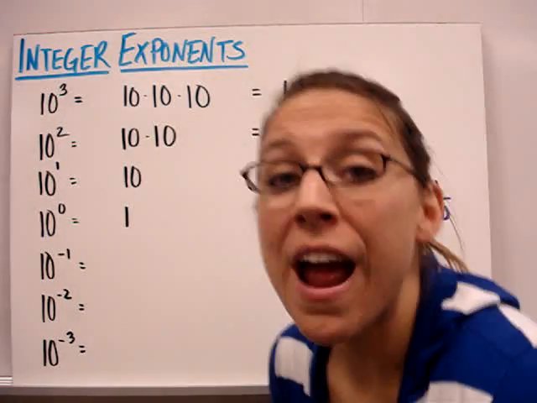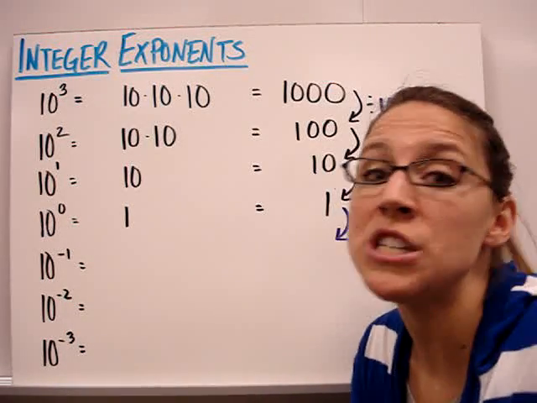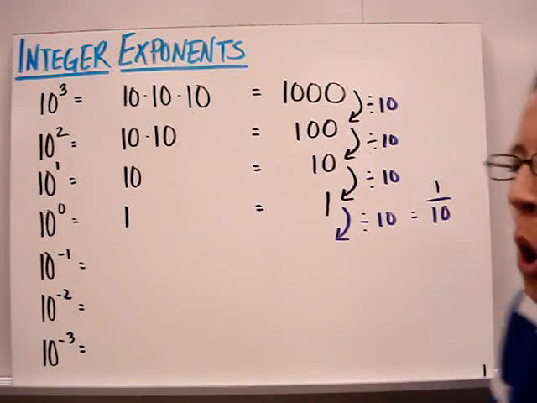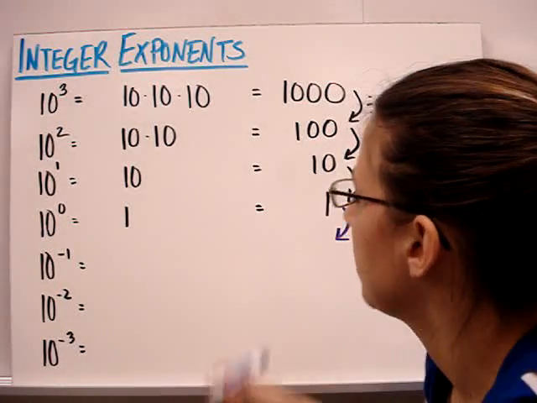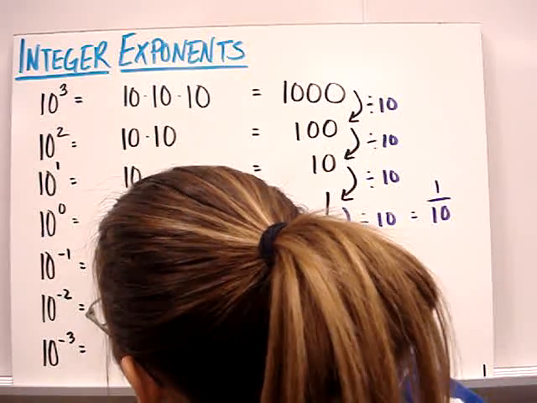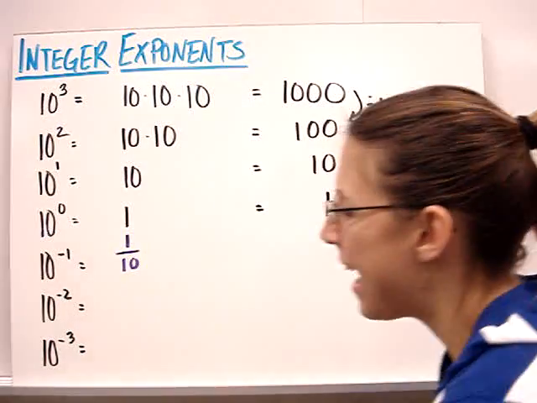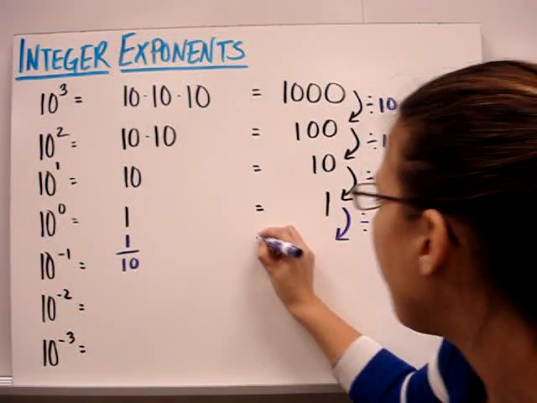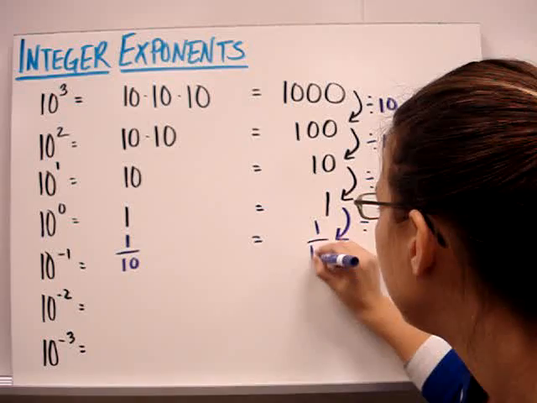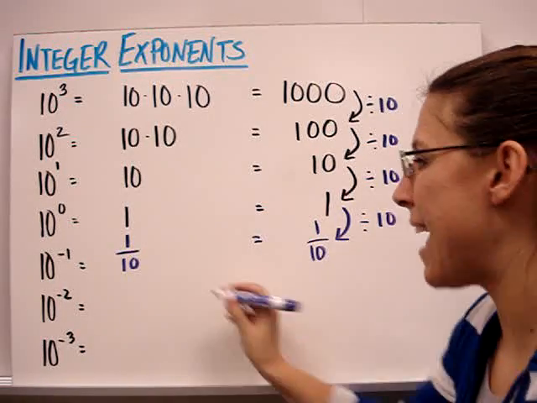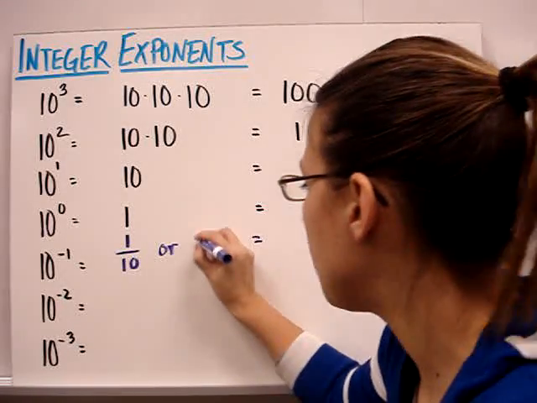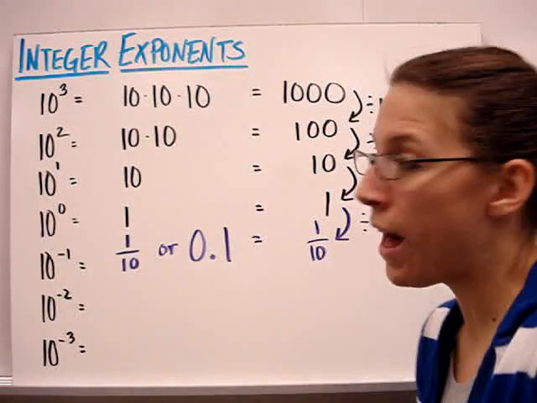Haven't I said fractions are unsimplified division problems, so 1 divided by 10 can also be read as 1/10. So the value equals 1/10. 1/10 can be written in decimal form as well.